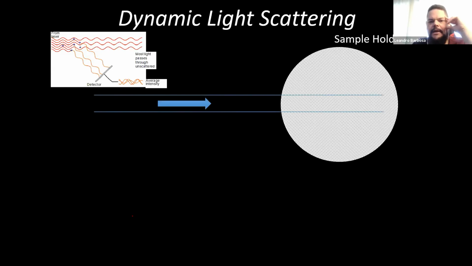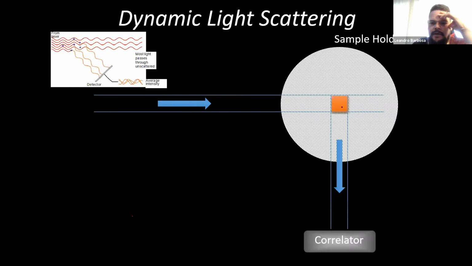Taking a look inside our sample holder, we have the laser, then we have the interaction, and of course there is interaction all along this path, but it's only important for us what is going on in this region here. So what the correlator measures is related to the number of scattering particles at any specific time window in this small volume of illumination.